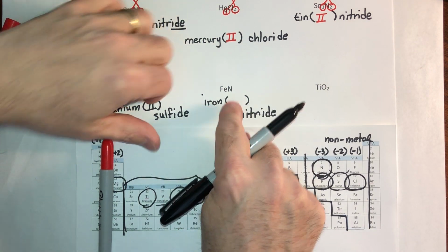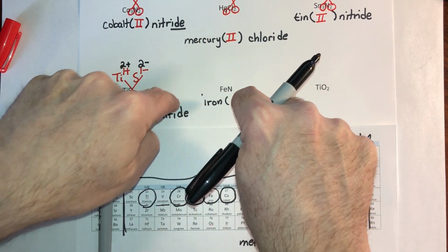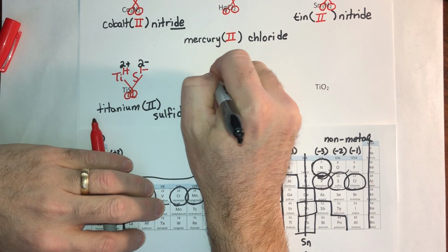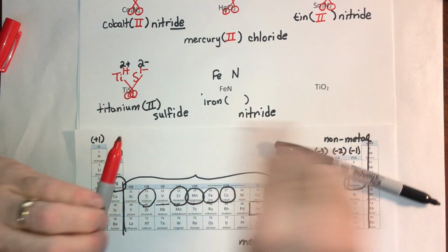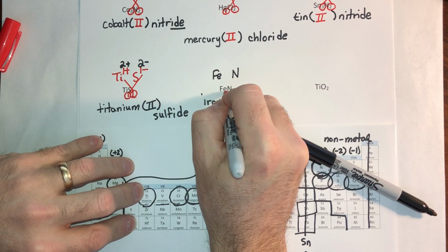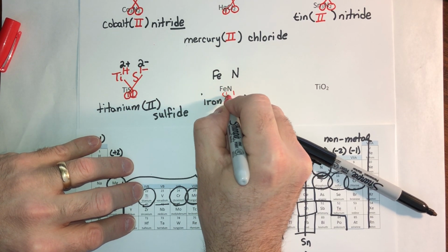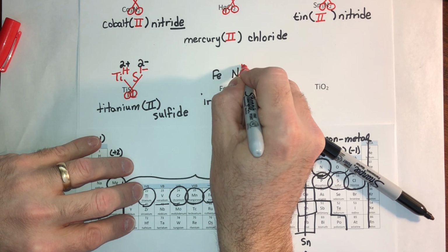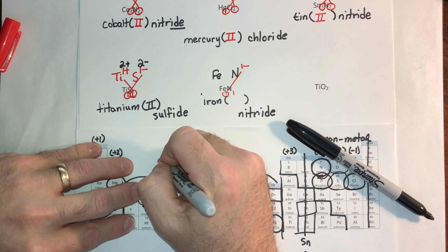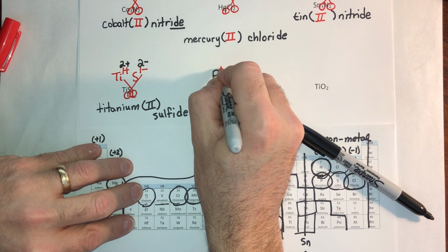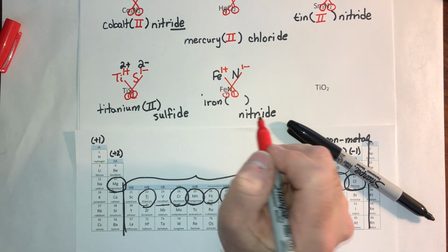To get the Roman numerals, I'm going to take the how many of each and switch them back. So this is Fe, this is N. If there is no number, that means this is a 1 and a 1. The reason why you have 1 iron is because the charge on the nitrogen was -1. The reason why you have 1 nitrogen is because the charge on the iron was a 1 plus.